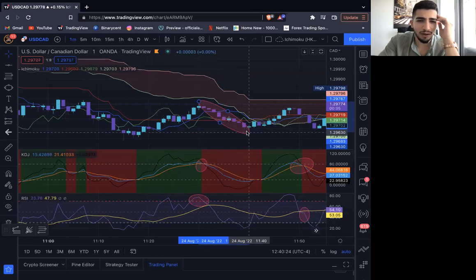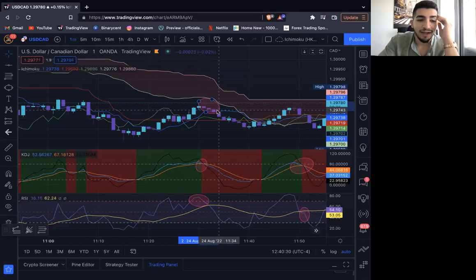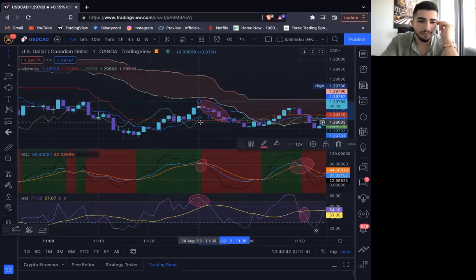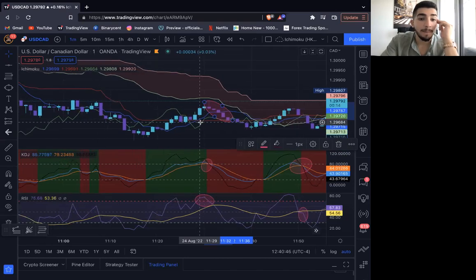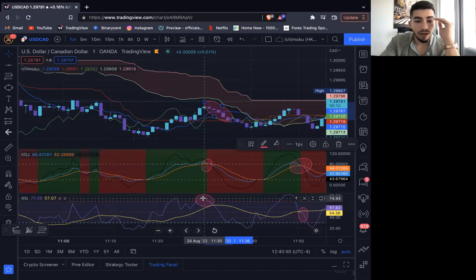Does anybody know how long I'm going to take a trade for? 5 minutes, guys. This trade is 5 minutes. So 1, 2, 3, 4, and 5. Because my RSI is showing me the range.